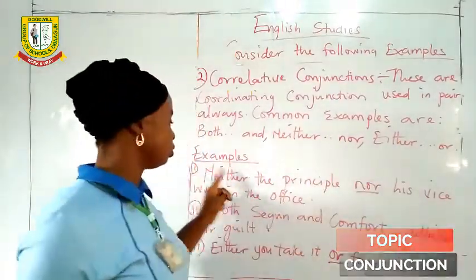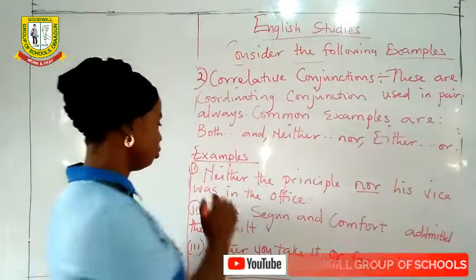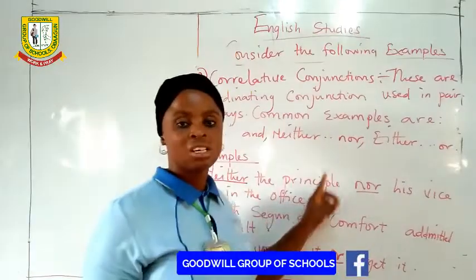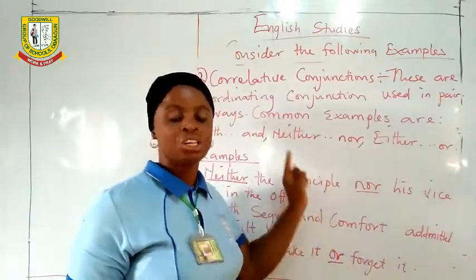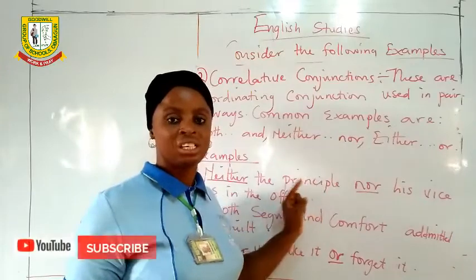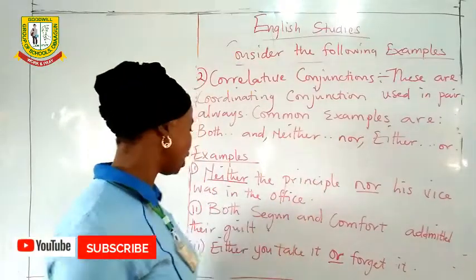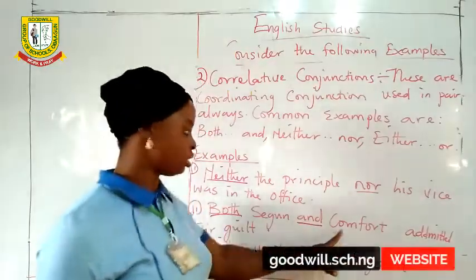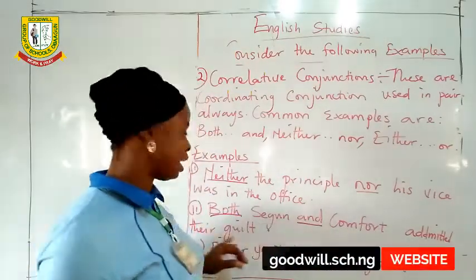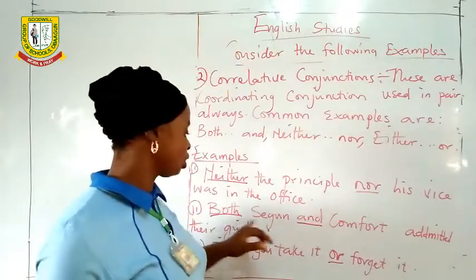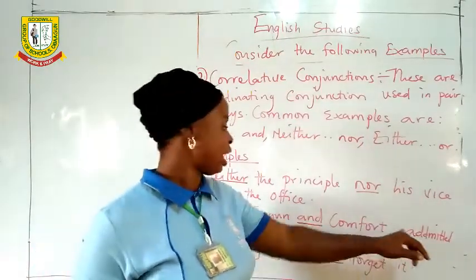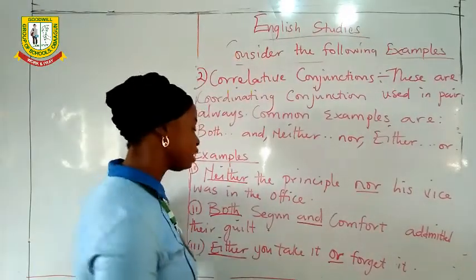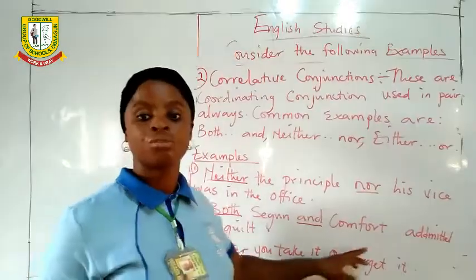So like the examples: Neither the principal nor his vice was in the office. Both Segun and Comfort admitted their guilt. And the last one: Either you take it or forget it.